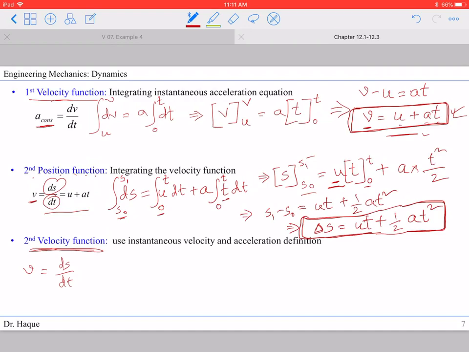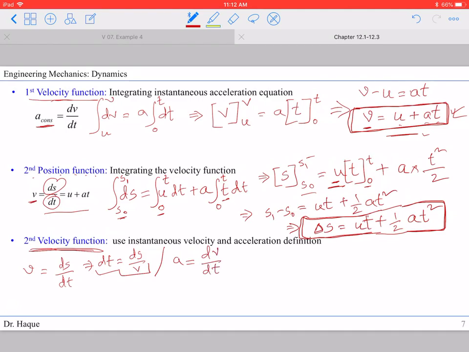From this equation, we can say that dt is ds over v, and now we have to use the definition of acceleration. Acceleration equals dv over dt.